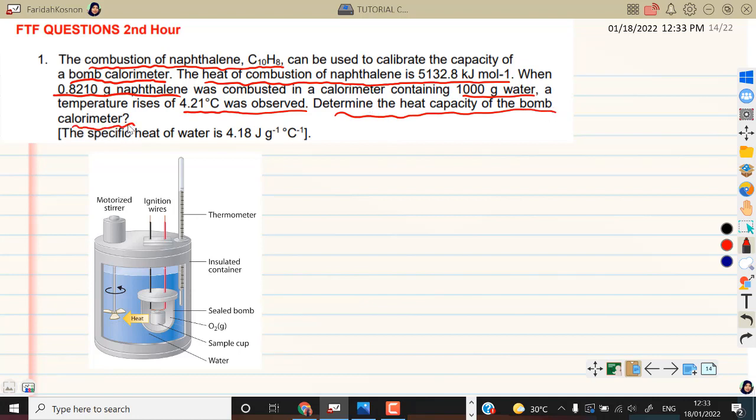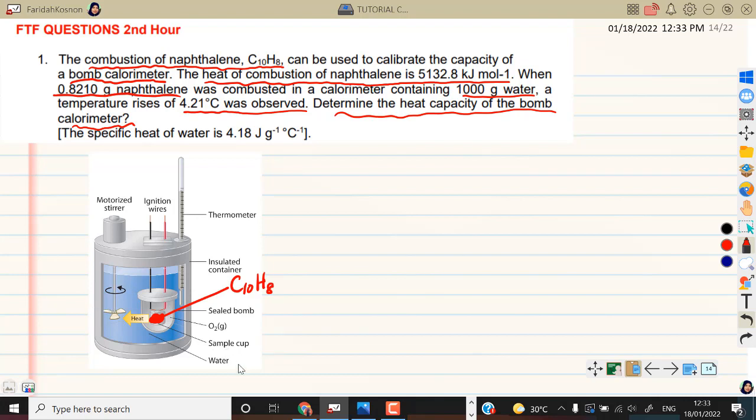Okay, so by referring to this cross section diagram for bomb calorimeter, maksudnya apa yang kita masukkan dalam calorimeter ini, kita masukkan di sini kita punya naphthalene. So naphthalene is C10H8. Okay, and then di luar seal bomb ini, maksudnya di luar bekas yang kita letak sampel naphthalene tu ada water.